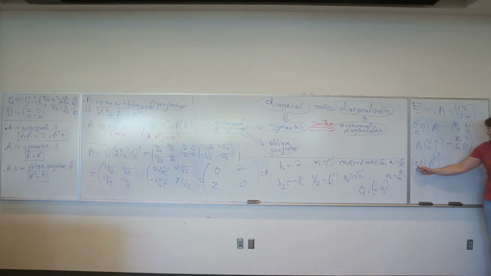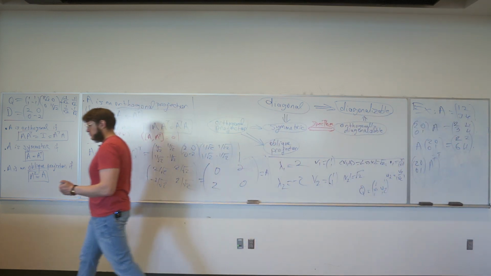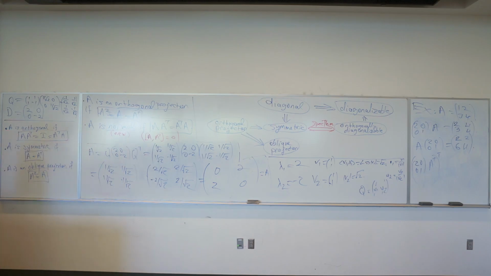Well, that means I need to be scaling by 2 the first row of A transpose. But the first row of A transpose is the first column of A. So you can think of it that way too. Does this make sense? Yeah.